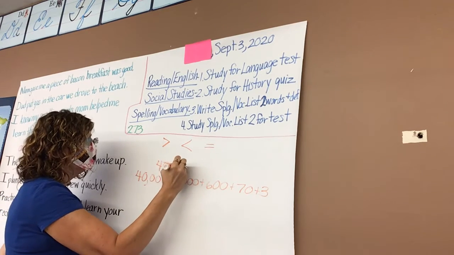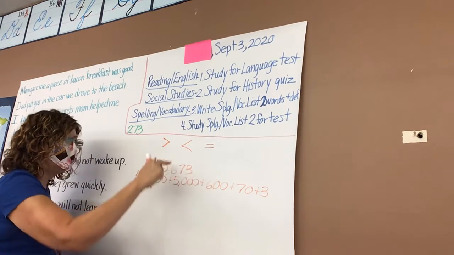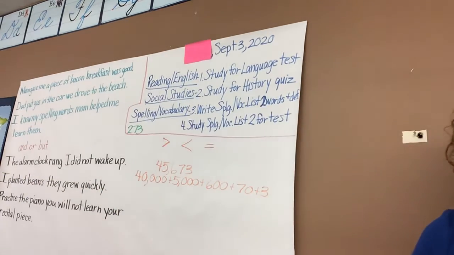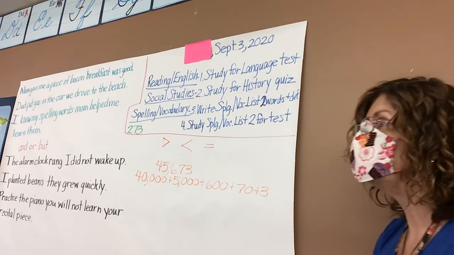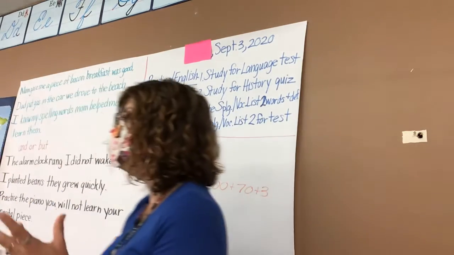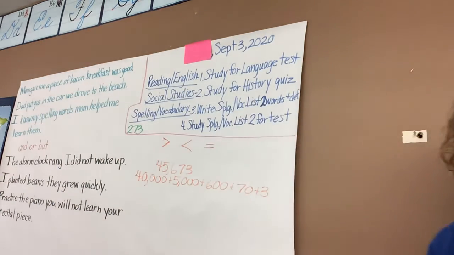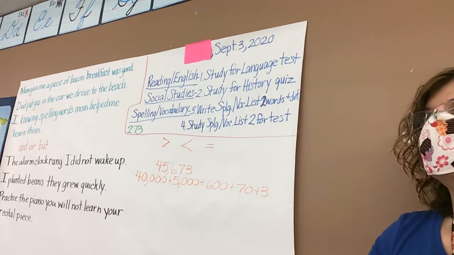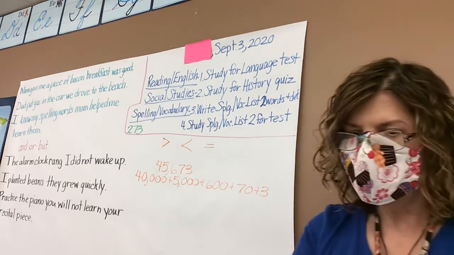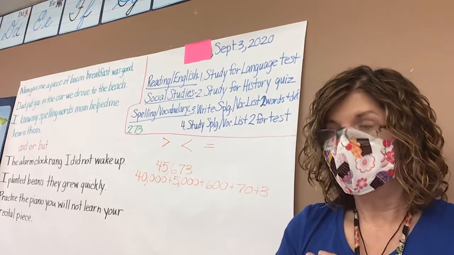Then you put 6, 7, 3. You need to write that right above so that you're comparing standard to standard. Everyone needs to do that. If you do not do that, it would be points taken off. Because I'm telling you, every time they're having you compare two numbers, and one of them is in expanded form, or both of them are in expanded form, you need to change it to standard first. All right? Now that we've done that, what do we need to put in the middle?